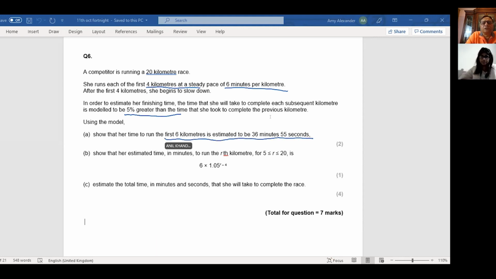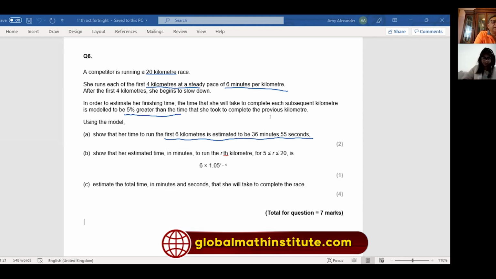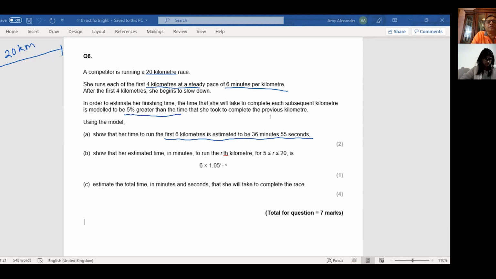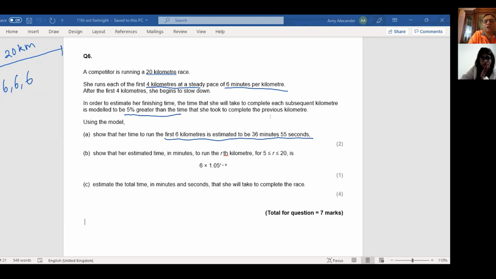Good. So that should be straightforward. Let's remember that the race is 20 kilometers, correct? And she runs each of the first 4 kilometers at a pace of 6 minutes per kilometer. So the first 4 kilometers take 6 minutes each. Do you see that? So that is how 4 kilometers are covered.